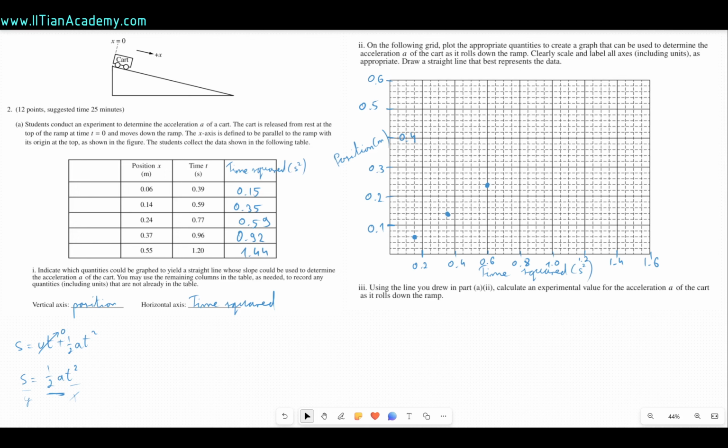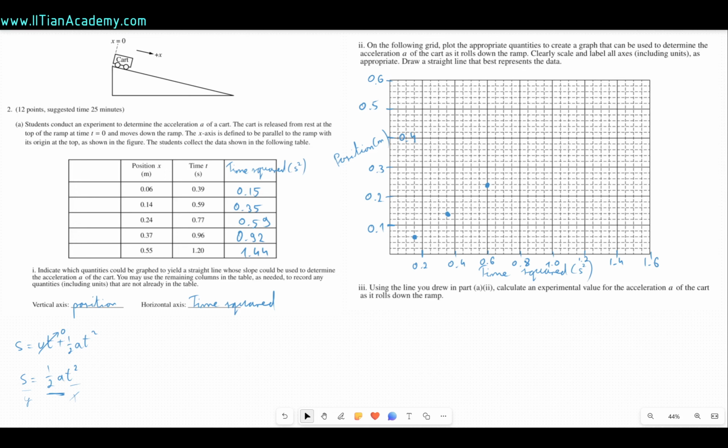And our next point is 0.92 and 0.37. So that will be approximately over here. And then our last point is 1.44 and 0.55. So that will be somewhere over here.